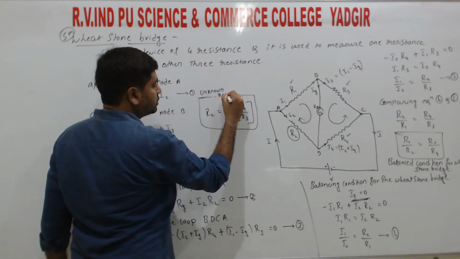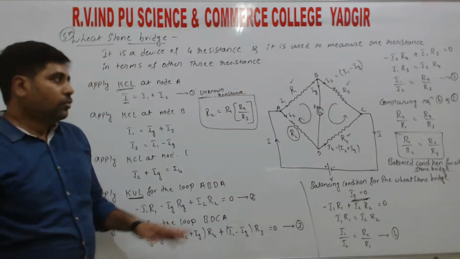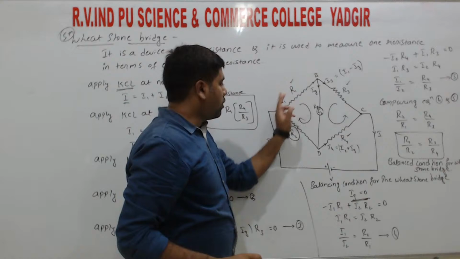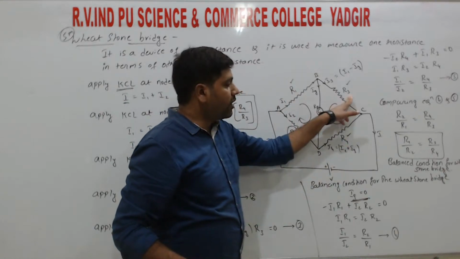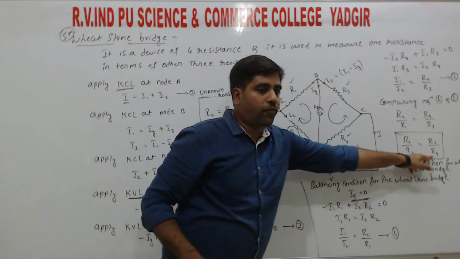If we know the three values R1, R2, R4, then we can find R3. R3 equals R1 by R2 into R4.